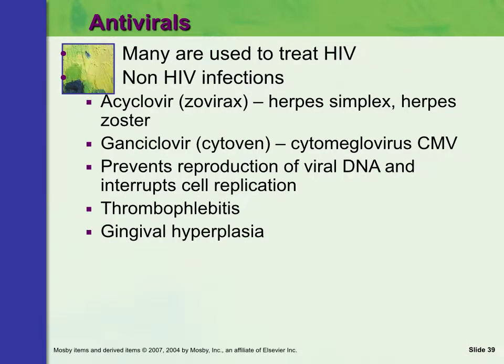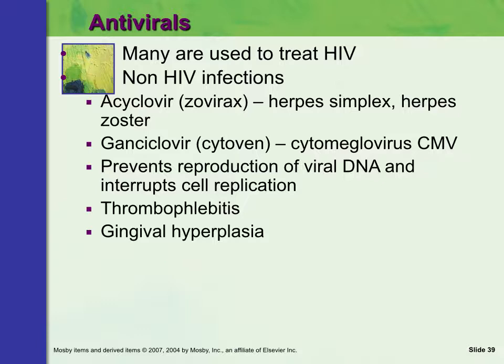And then the antivirals, such as acyclovir, prevent the reproduction of the viral DNA and thus disrupt the cell replication. These cause thrombophlebitis, so you want to rotate the IV sites and do some of the other things to prevent phlebitis that I already mentioned. It causes nephrotoxicity, so you give it slowly over an hour.